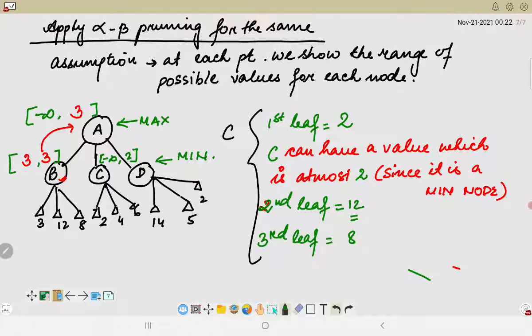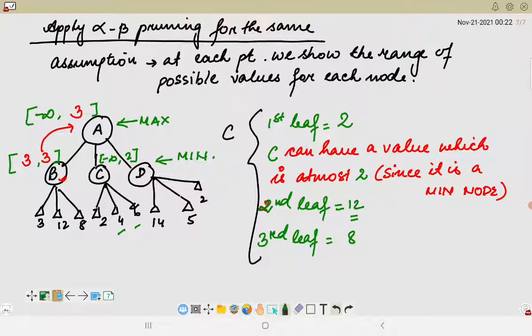Now let us consider the second one. But before we go to the second one, let us compare the value of A here now. Before we go to 4 and 6, first let us compare the first two values which we have obtained from the min level.